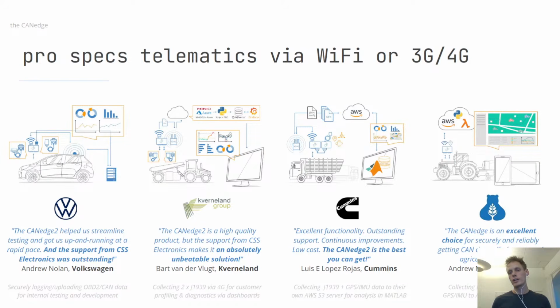Some of the more sophisticated ones are things like what Andrew Miller does on the right, who basically creates a near real-time mobile app using data from the CANedge 3 that allows farmers in operation to more efficiently pick bales from the field. Another specialized use case is an OEM that uses more than 300 CANedge 2 devices in warehouses to do predictive maintenance across automated forklifts. So you can do pretty much anything with the devices.